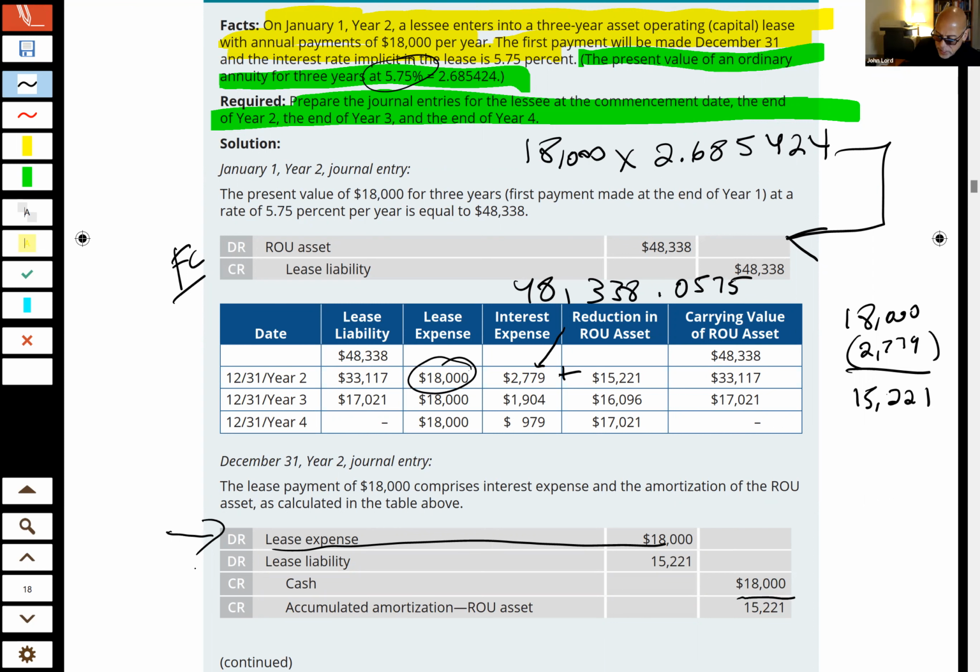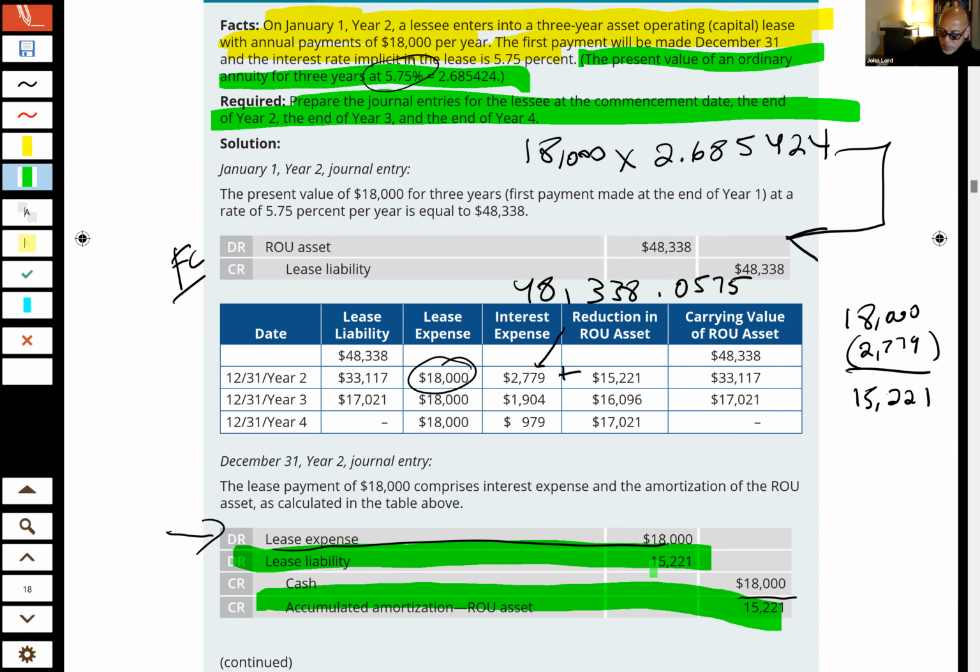Of course, I have to credit the cash, and you will always reduce the lease liability and the asset by the difference between the lease payment, which is the lease expense, and the amount of the interest portion. So if you were getting a question like this and they told you that the payments were 18,000 and asked what the lease expense is, your answer would be 18,000.